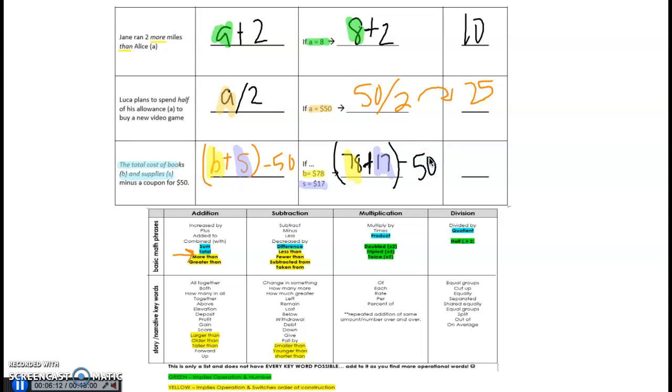You can grab a calculator, do the math mentally or by hand, any way works. 78 plus 17 gives you a total of 95. Then we would subtract 50, and you get an answer of 45.